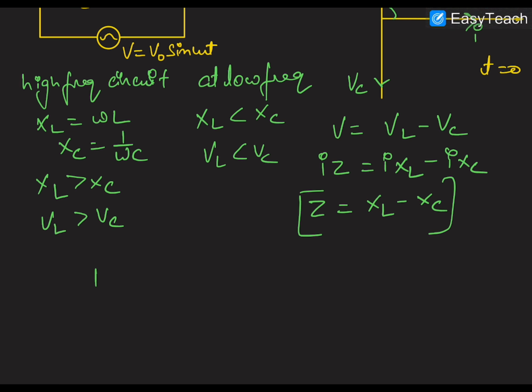Now if we write down the equation of current as a function of time, we will write it as I naught sine omega t plus or minus phi.